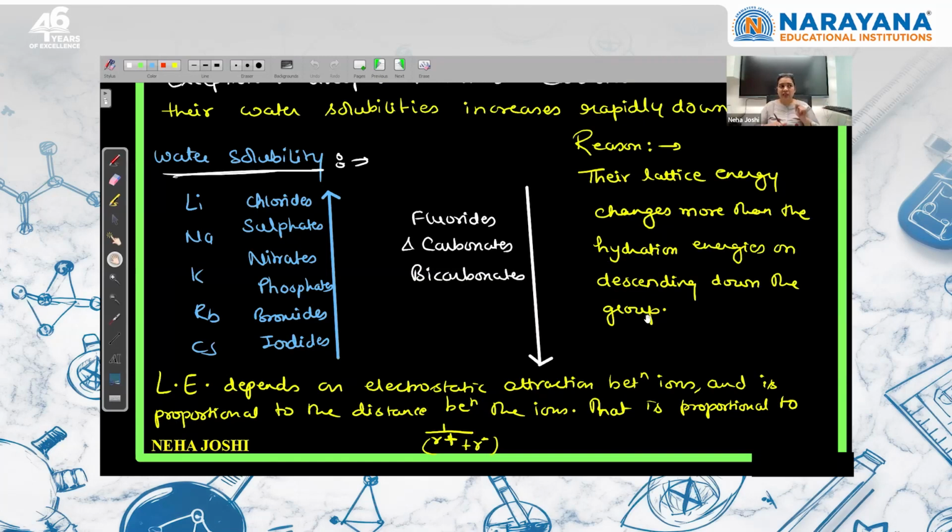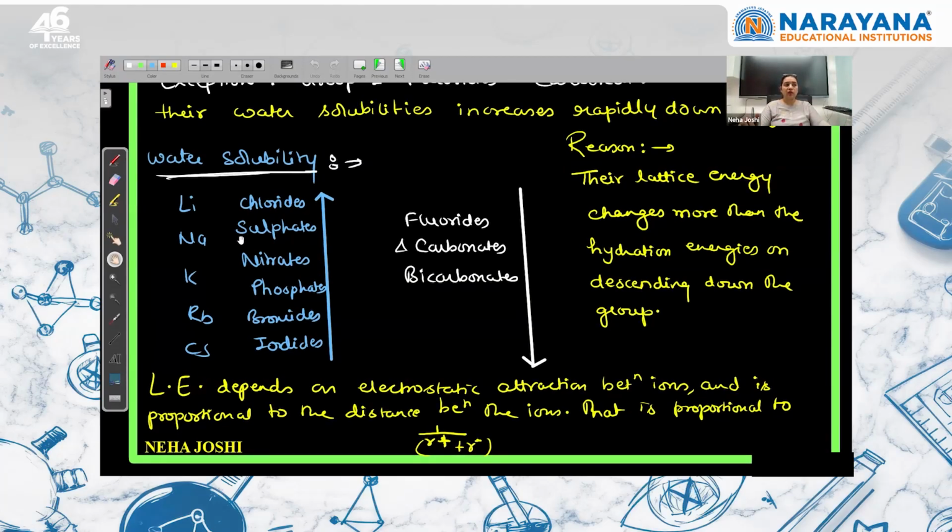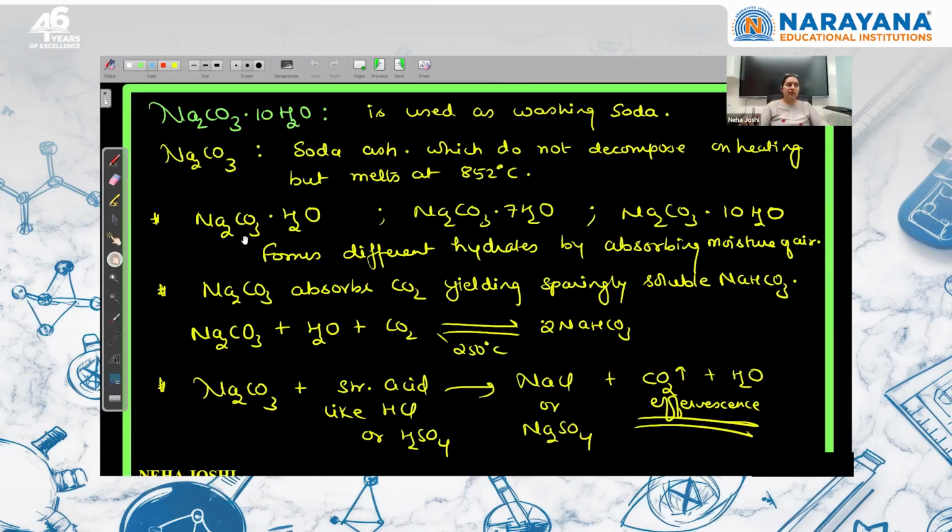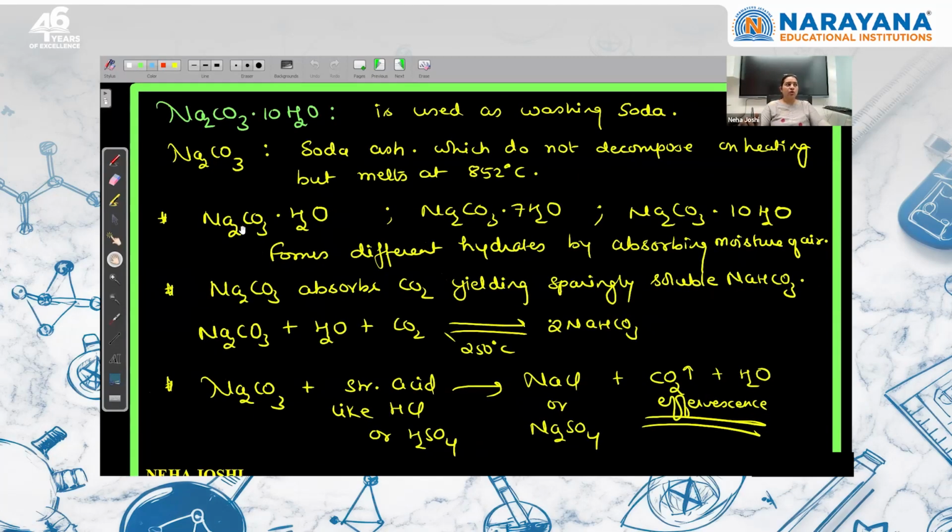When there is a decrease, you say lattice energy remains almost the same and the hydration energy decrease dominates. When there is an increase in solubility, you say that the lattice energy changes more than the hydration energy, which is decreasing down the group. That is the standard format you should use.